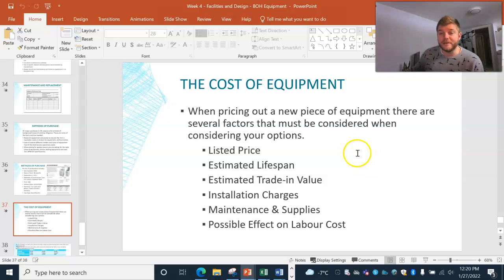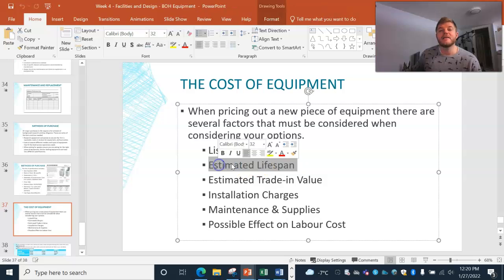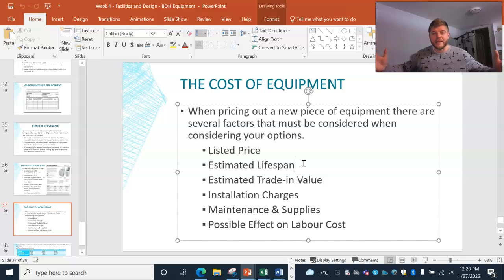When pricing out this new piece of equipment, it's not just the price, it's what the price stands for. So yes, what is the listed price, but what is the estimated lifespan or trade-in value? So is there any kind of idea of, hey, this is going to last me 5 years, or is it only going to last me 2 years? Because I look at lifespan and I take that price and expand it over the lifespan.